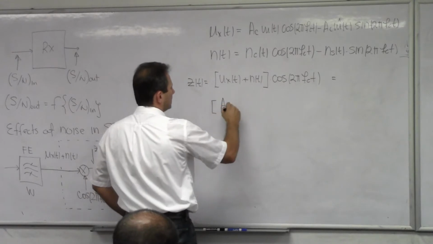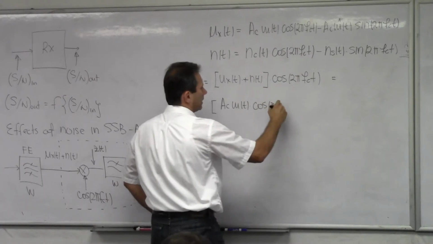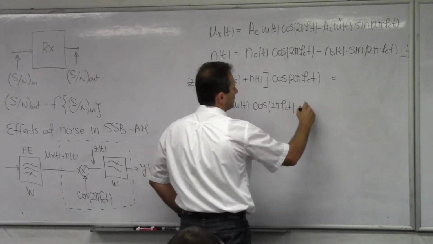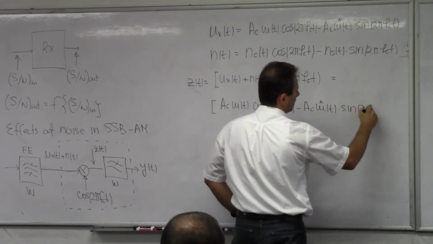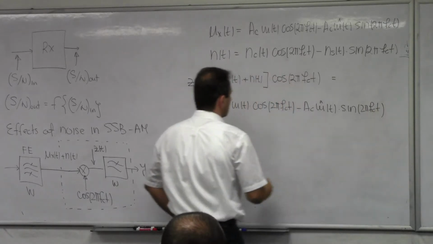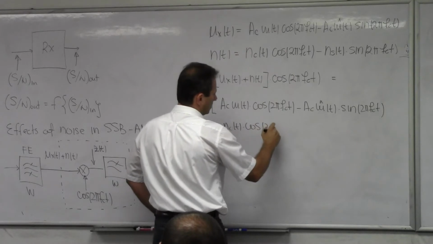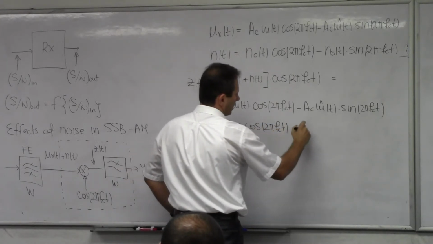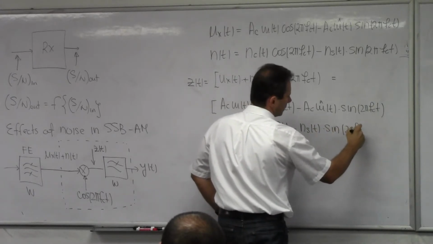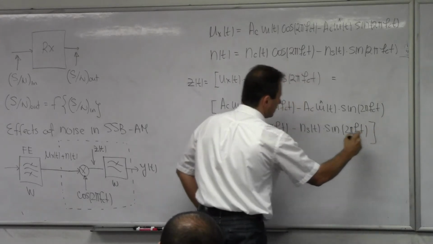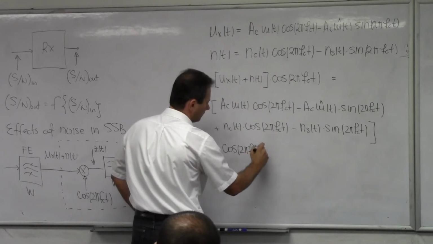So here I have Ac m of t times cosine 2 pi fct minus Ac m hat of t times sine 2 pi fct. Then plus nc of t times cosine 2 pi fct minus ns of t times sine of 2 pi fct. And then everything here is multiplying cosine 2 pi fct.